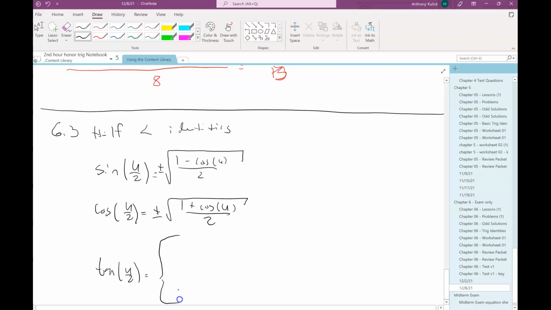And then the tangent one actually has 3 separate versions that you can use depending on what you want to do.